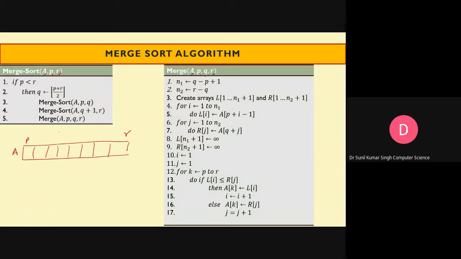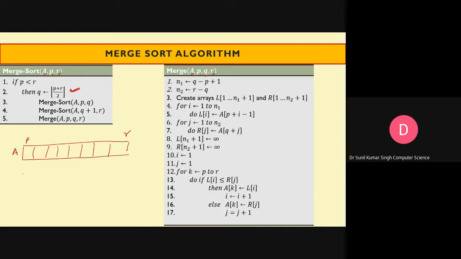Now look at here. This is the division step. It is going to divide the problem into subproblems. What we are doing is adding the first index and last index and then dividing by 2.